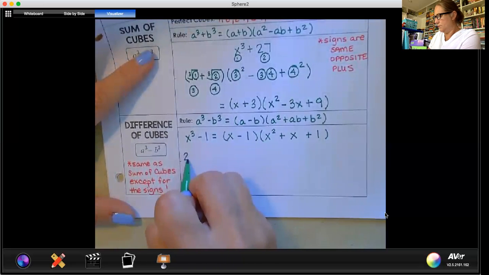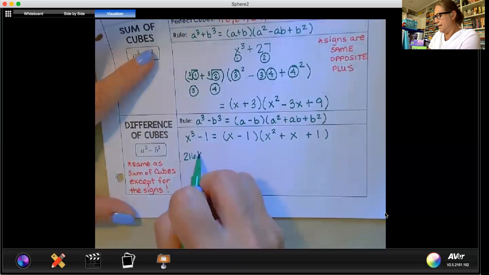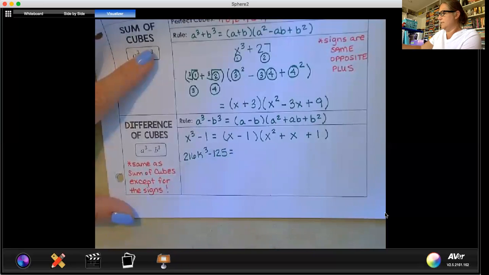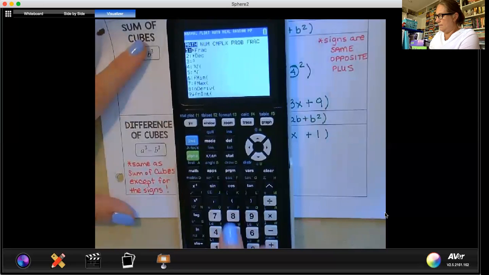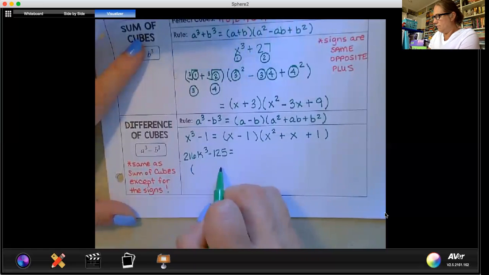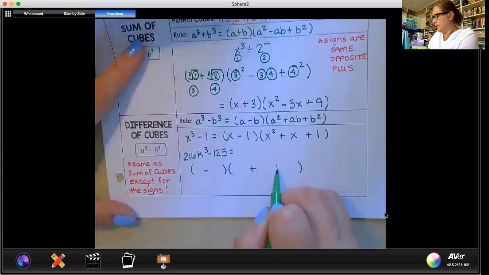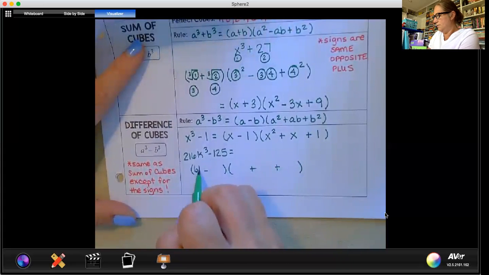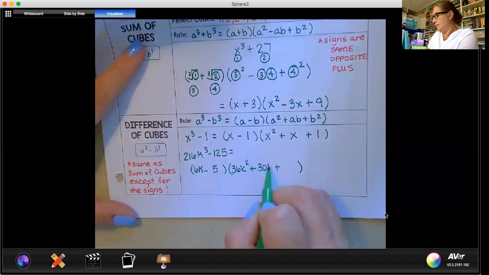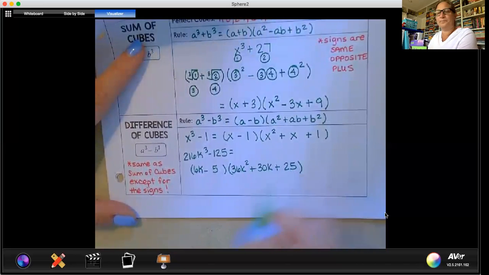Let's try some bigger numbers. 216x cubed minus 125. 216, 3 math 5, 216. Cubic root is 6. We already have done 125. So small, large, same, opposite, plus, cubed root, square it, multiply together, square it.